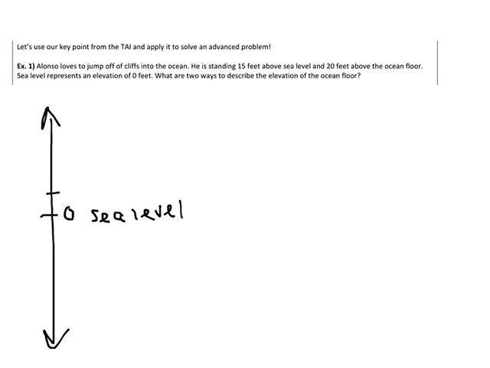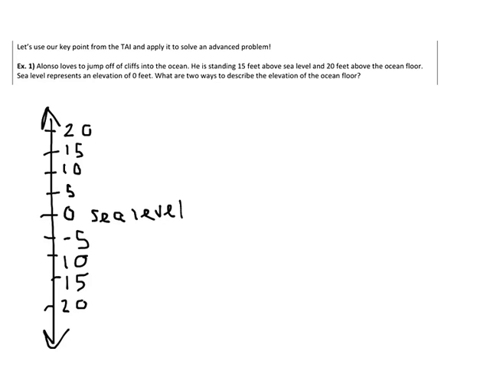So I'm going to have positive 5, positive 10, positive 15, and positive 20. I can stop at 20 because that's the biggest number that I have in my problem. And then under 0, I have negative 5, negative 10, negative 15, and negative 20.